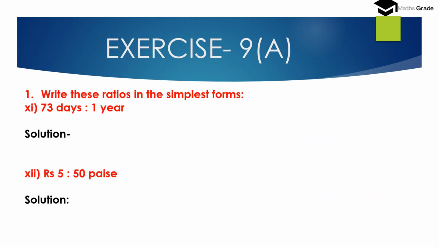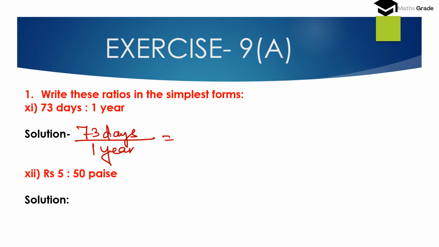Now 11th bit, 73 days is to 1 year. Convert this ratio into the simplest form. We can write 73 days is to 1 year as 73 days divided by 1 year. The antecedent 73 days and the consequent 1 year are not of the equal unit.